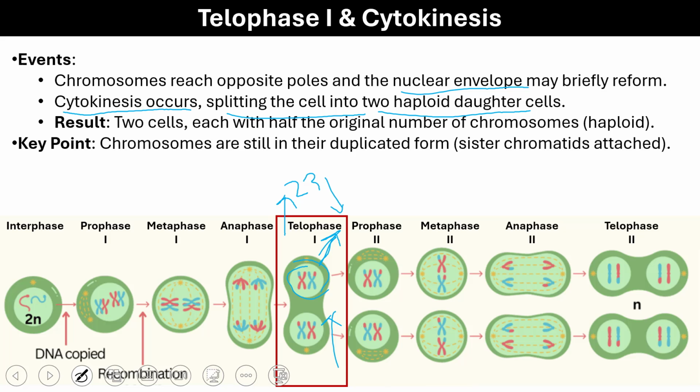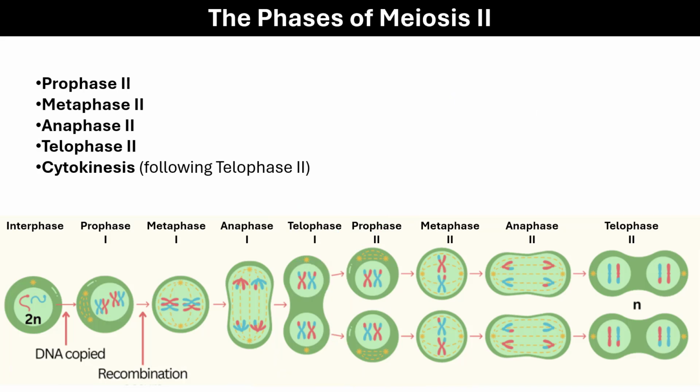So these duplicated chromosomes will further be separated out into daughter cells. Then begins the second phase of meiosis, which again has prophase, metaphase, anaphase, telophase, and cytokinesis.